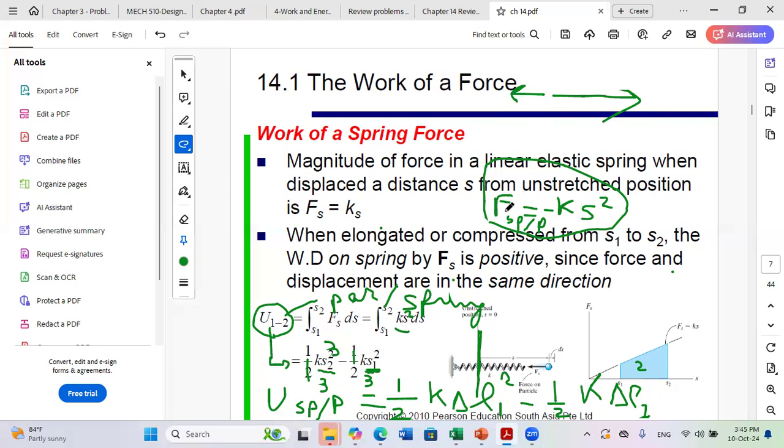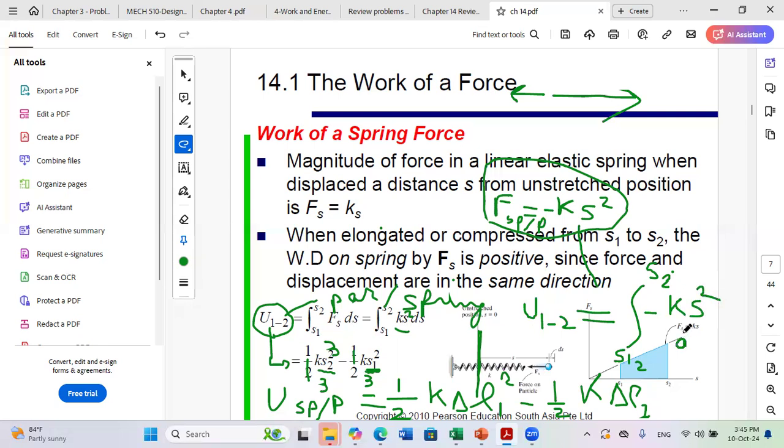So the force of spring on particle, opposing the force of particle on spring, is minus KS squared. If you want to find the work of this force, you just have to apply the formula. Work between 1 and 2 is equal to the integral from S1 to S2 of minus KS square ds.